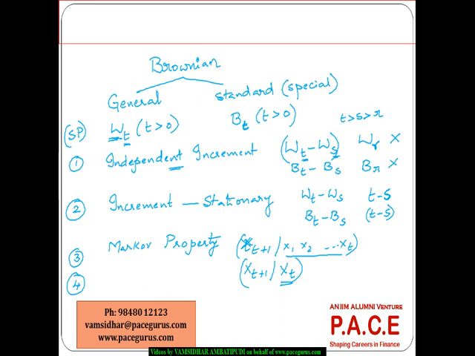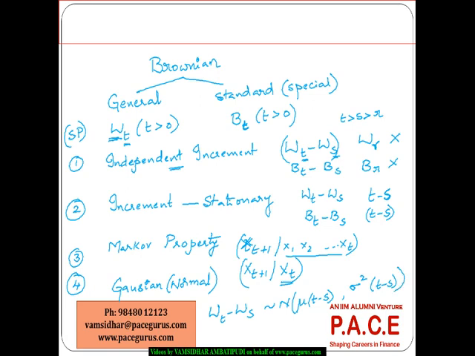And these increments, apart from being stationary and independent, we also say that they are Gaussian. Gaussian is another name for saying they follow a normal distribution, which means Wt minus Ws follows a normal distribution with the mean as the drift times t minus s and the variance as sigma squared times t minus s.